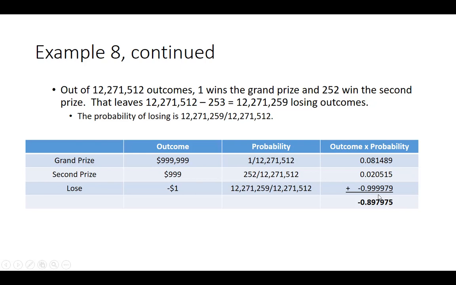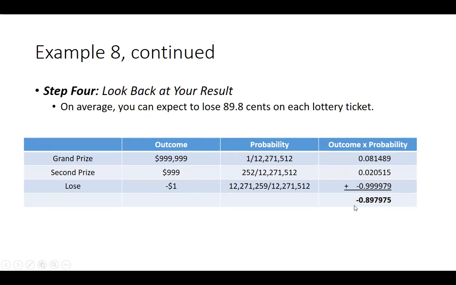Adding up this column, we get an expected value of negative 0.897975. So on average, looking back at this result, you can expect to lose about 89.8 cents on each lottery ticket.